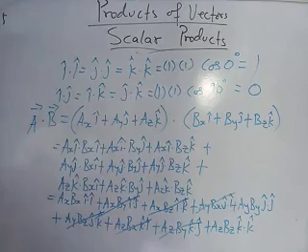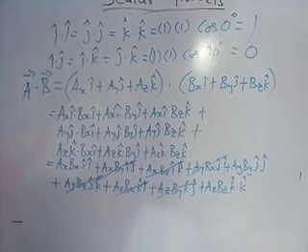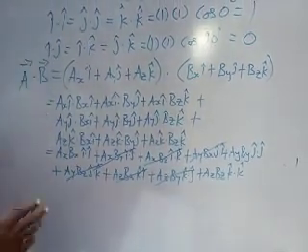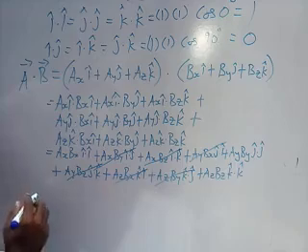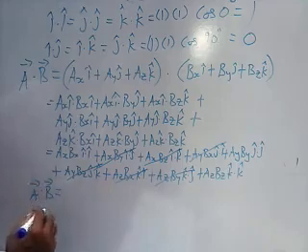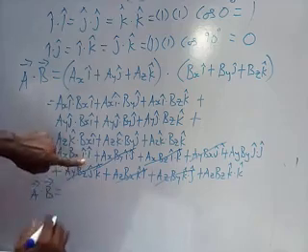Okay, I think it has gone down. With this, let me bring the video down. Sorry. With this, I can say that vector A dot vector B is same as, this is 1, so I have what?